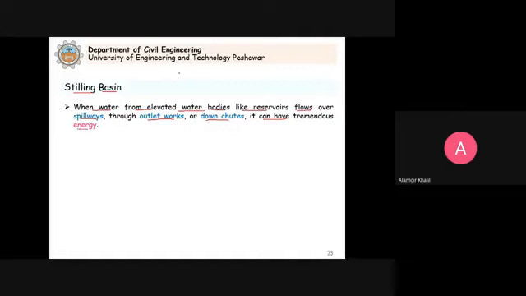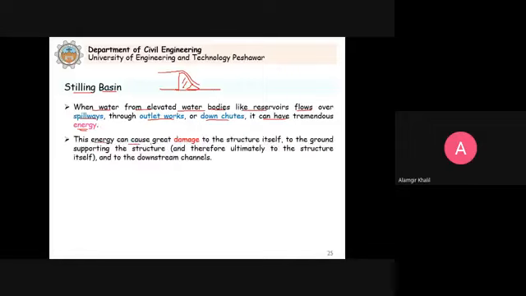As you already saw, when we have the spillway, and the water flows over this at very high velocity, it can damage the floor here. Clear? So it can have tremendous energy, and this energy can cause great damage to the structure itself, to the ground supporting the structure, and therefore ultimately to the structure itself and to the downstream channels. So it can be damaging.